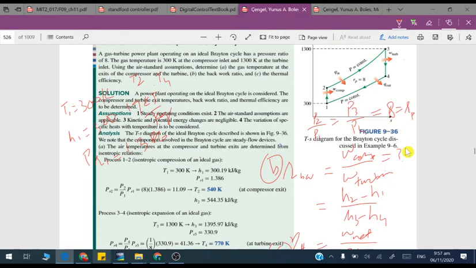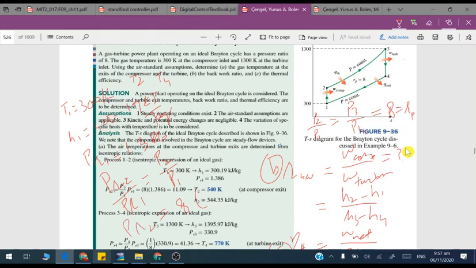And another thing is we know the pressure ratio. So according to that, PR2 over PR1 should be equal to P2 over P1. And remember this P2 over P1 is 8. PR1 we have just calculated.